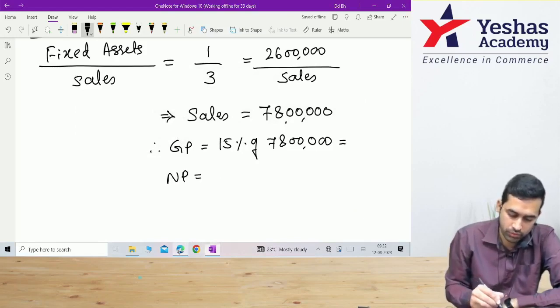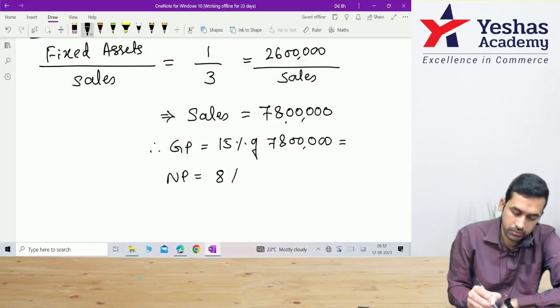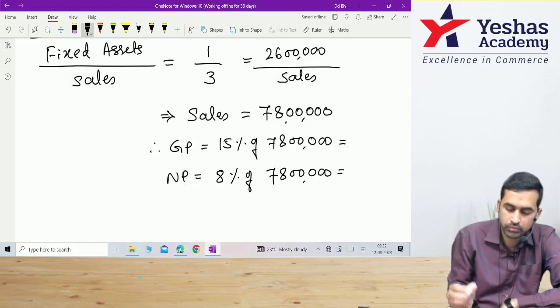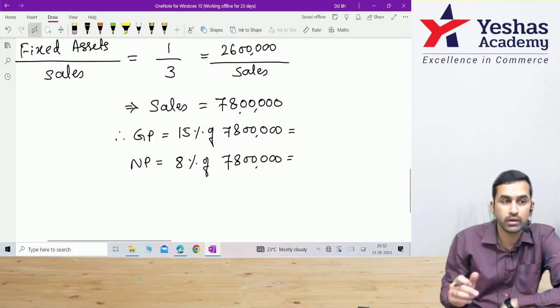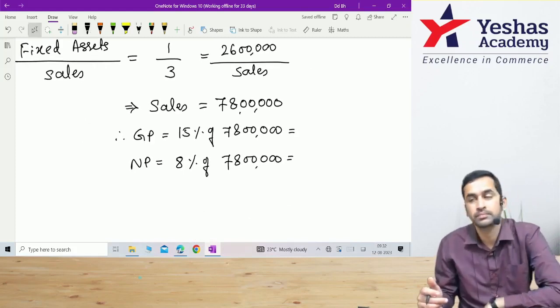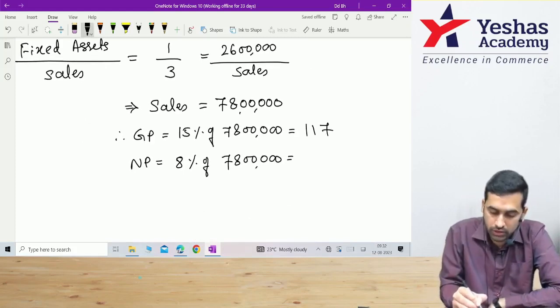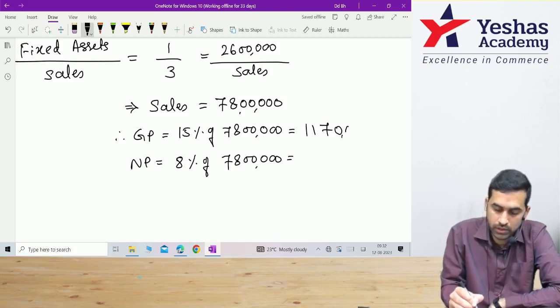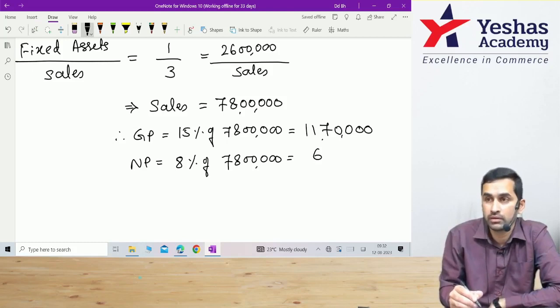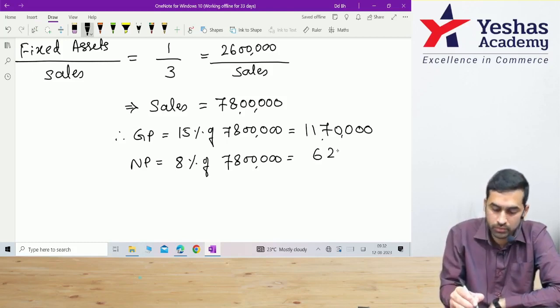NP is equal to 8% of 78 lakh. Anybody? 15% of this? 11,70,000 and 6,24,000.